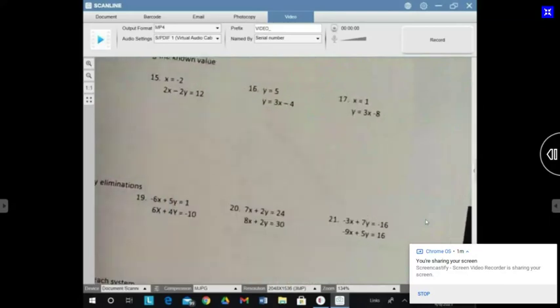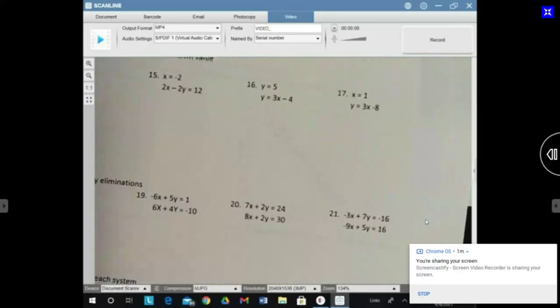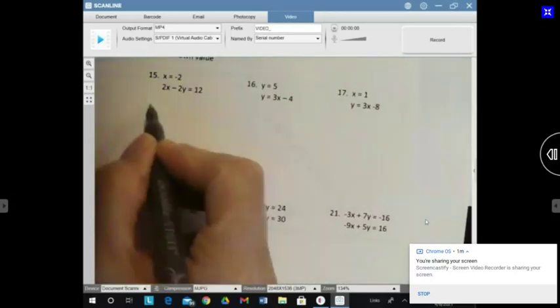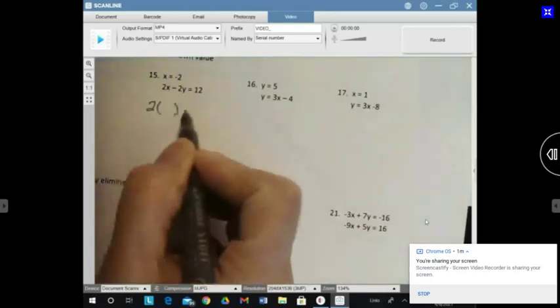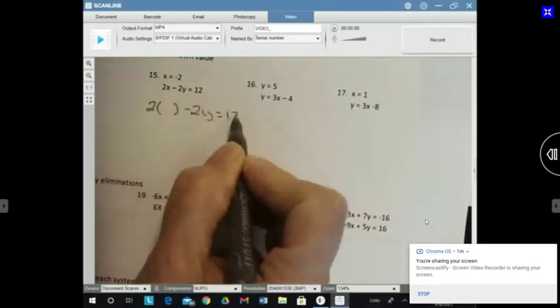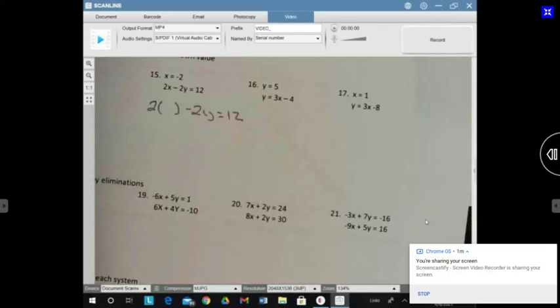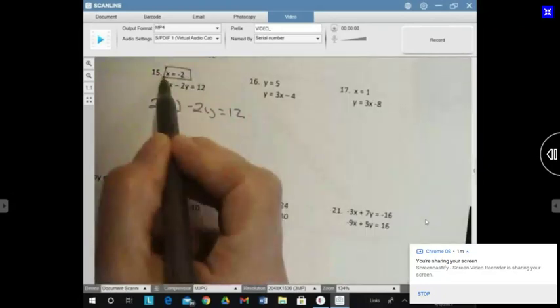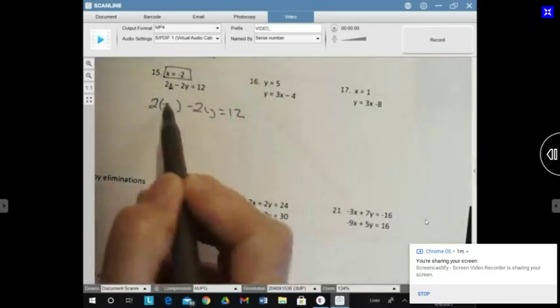Now, so 2x minus 2y equals 12. What did I leave out? The x, because the x is equal to negative 2, so I'm going to take out this x and put in the negative 2.